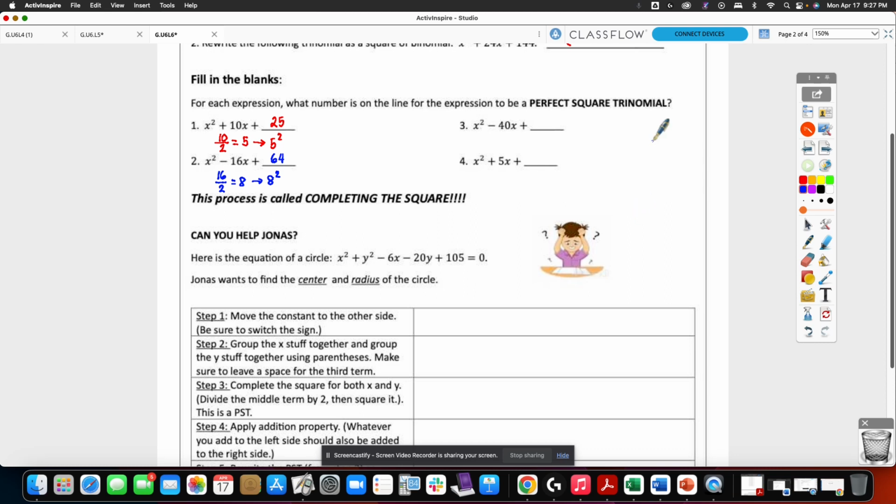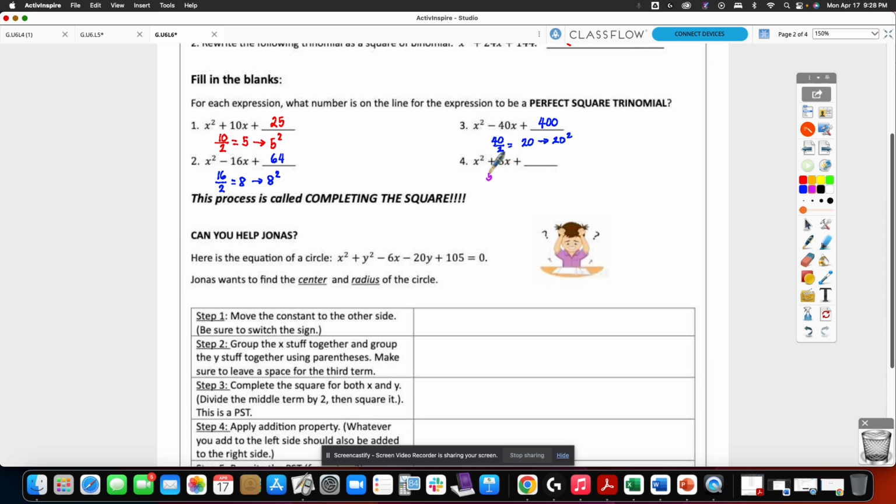Okay, now let's check your work. For number 3, what we do is we divide 40 by 2. 40 divided by 2 is 20. And then 20 squared will give you 400. Okay, and for number 4, we have x squared plus 5x plus blank.